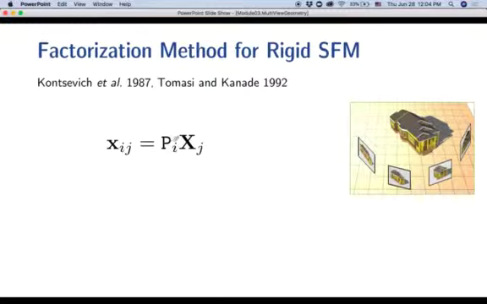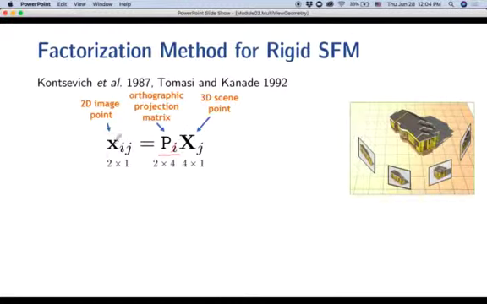Let's be sure that we know the dimensions. This is a 2x4 matrix because it's an orthographic matrix. This is a 4x1 vector, in P3 space. And this is a 2x1 vector, because 2x4 times 4x1 is 2x1, which is directly an image point. Notice I don't need homogeneous coordinates here in orthographic projection because there is no division to be done later to correctly normalize the point.